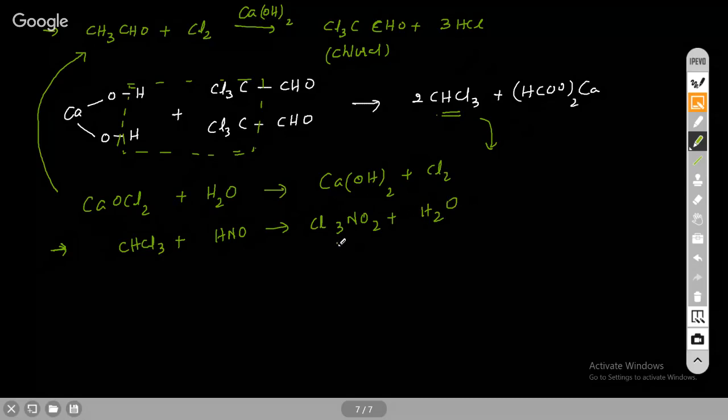This we call chloropicrin, which is used as tear gas.